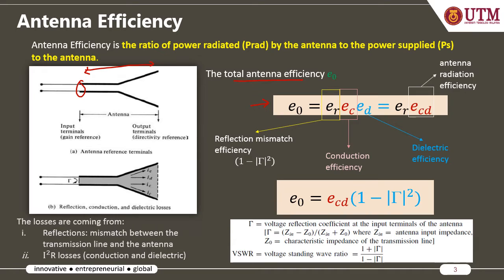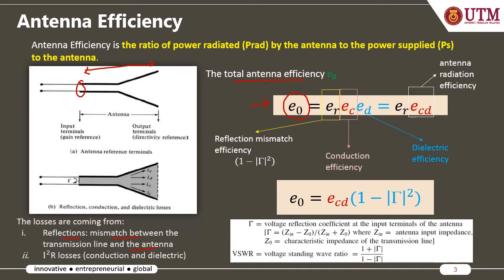So the losses at the input terminals and within the antenna structure may be due to reflection when there's a mismatch between the transmission line and the antenna structure, and also may be due to conduction and dielectric losses. So the total antenna efficiency E0 is basically the multiplication of ER and ECD.